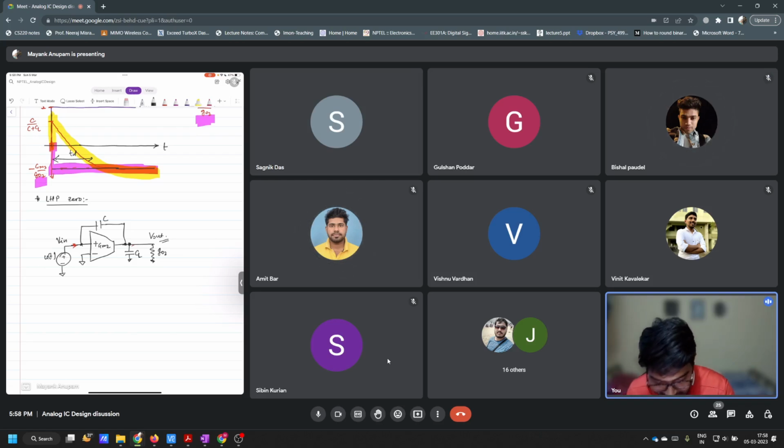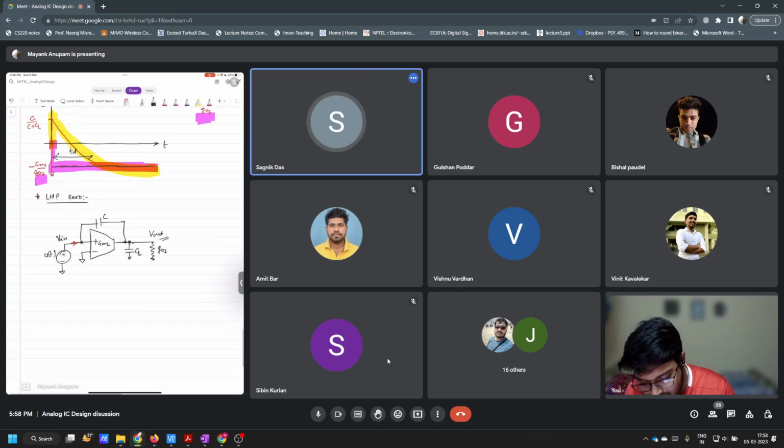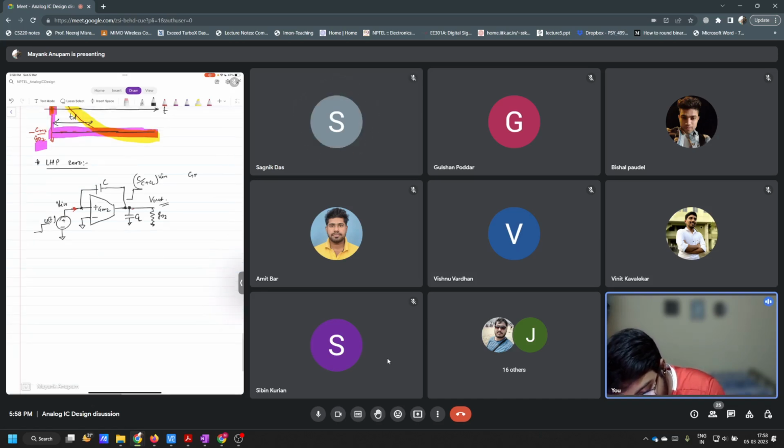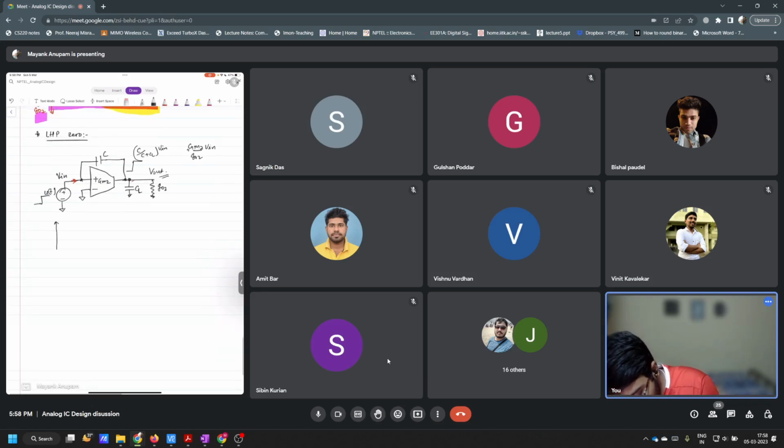Yes, sir. Correct. Now if you give an input here as a unit step, the system will be pushed in this direction only, right? It will be C divided by C plus CL times V in, correct? And the final value that it has to settle to is equal to GM2 by G02. Because of this 0 here, there is again a 0 here.